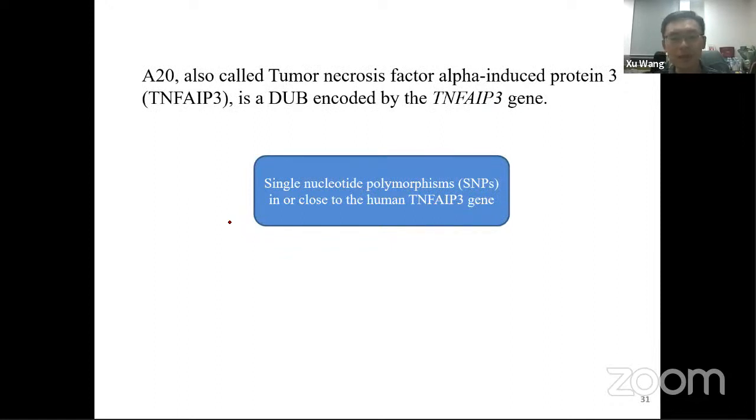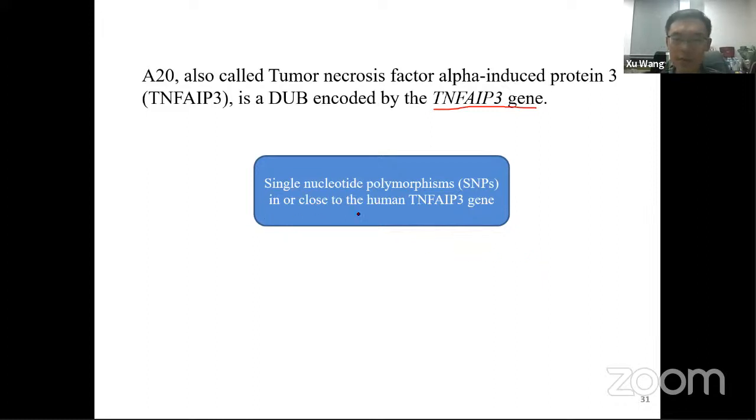Previously, I studied two deubiquitinases in EAE. The first studied deubiquitinase is A20. A20, also called tumor necrosis factor alpha induced protein 3, is a DUB encoded by the TNFAIP3 gene.